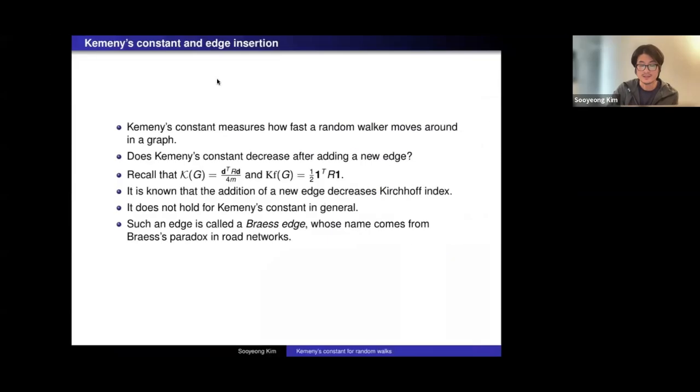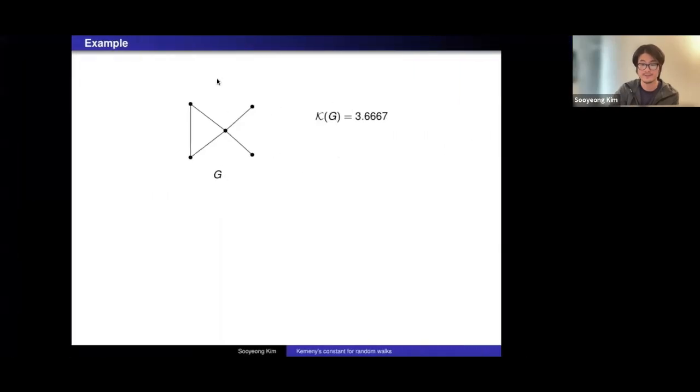When you add an edge and the Kemeny's constant of that graph gets increased, such an edge is called a Braess edge. For instance, here you have a graph G, and adding an edge, instead of decreasing, we have a larger Kemeny's constant. So this is called a Braess edge.